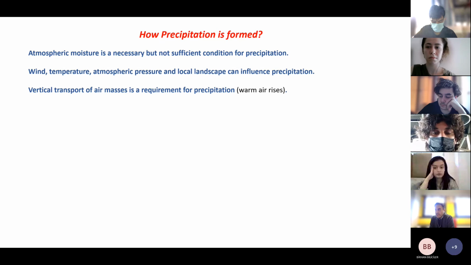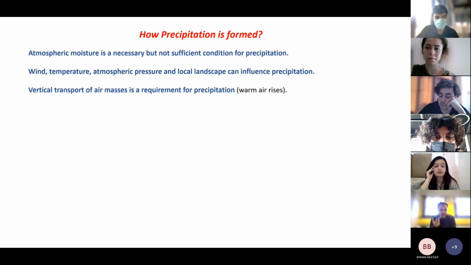Vertical transport of air mass is a requirement for precipitation. This is very important. With the first one, we said moisture is necessary but insufficient. However, vertical transport of air mass is a requirement.